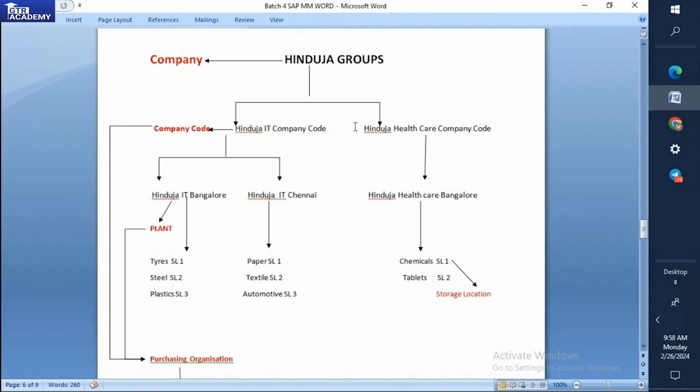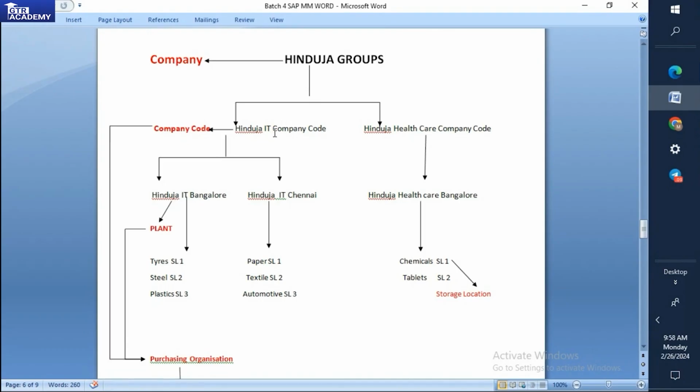We can't differentiate that if we merge the company codes. So that's the reason: to maintain separate profit, loss, and accounting for the multiple domains, the company codes will be differentiated.